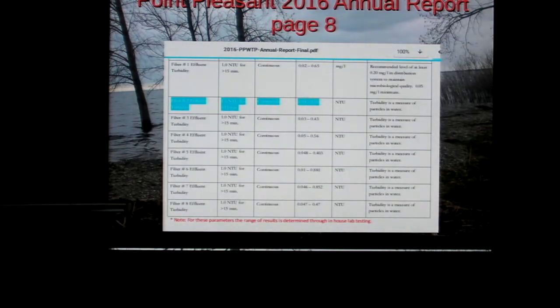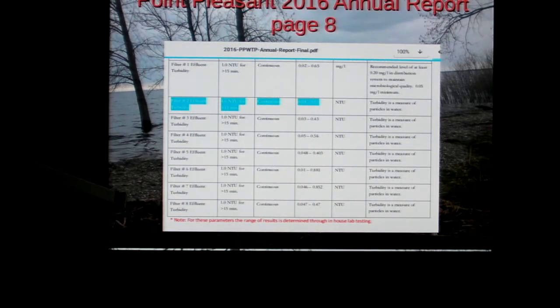You notice here the subscript in red: note for those parameters with an asterisk, the range of results is determined through in-house lab testing. In-house lab testing is done by operators. And if the operator doesn't know that the water quality is suspect, there's something wrong as well. So management doesn't know, the operator doesn't know what's going on here.